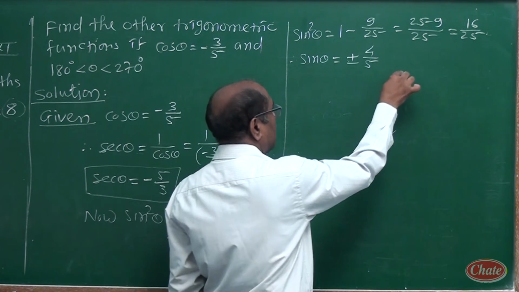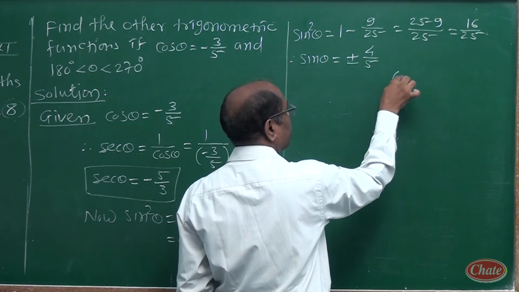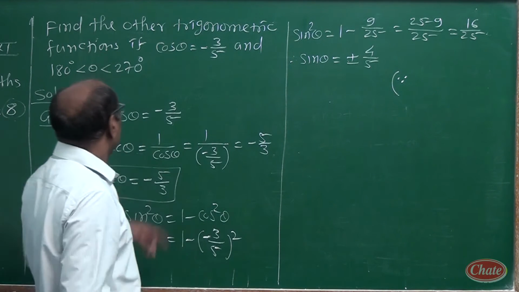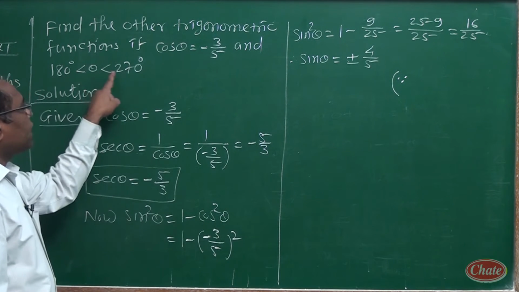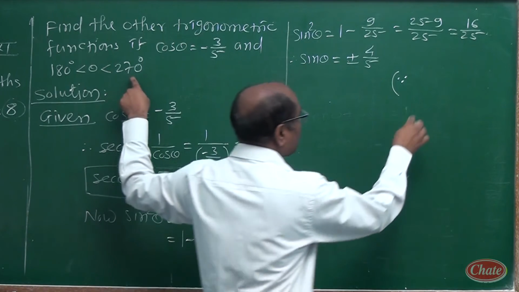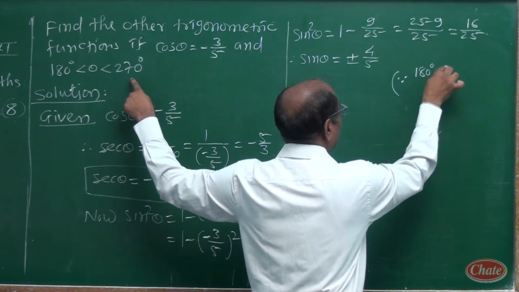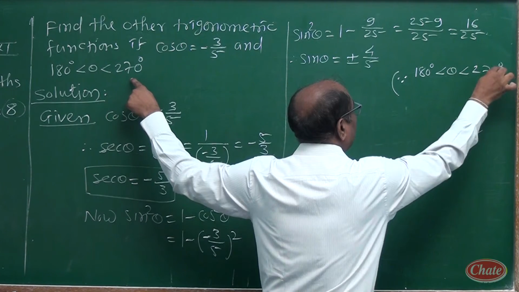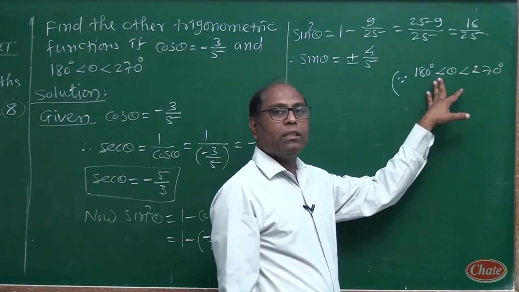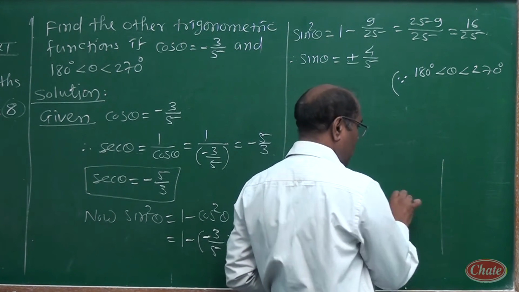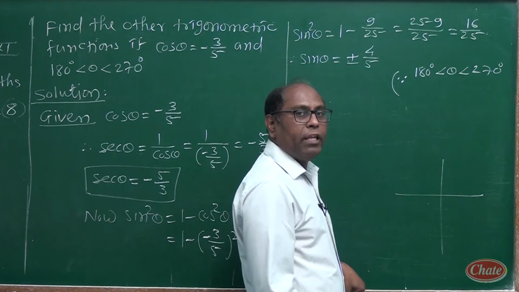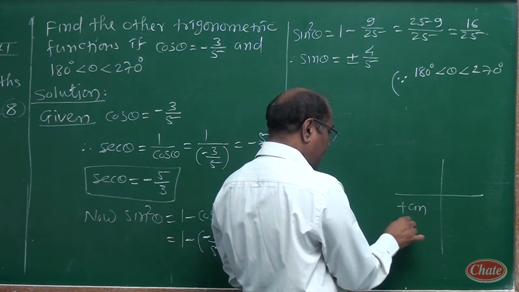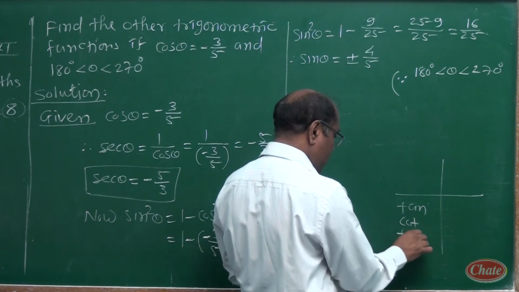But we are given 180 degree less than theta less than 270 degree. It means that theta lies in third quadrant, and in third quadrant only tan and cot are positive.